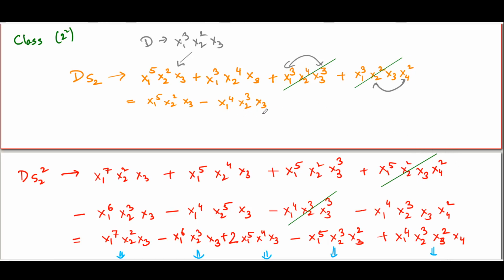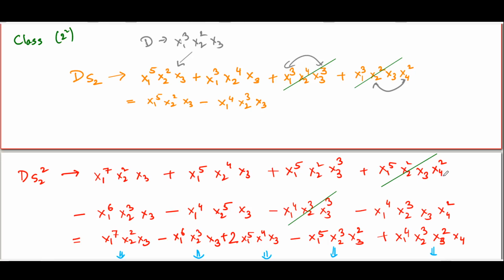What about this term? You are going to get 6, 3, 1 with a minus sign. The minus sign of course is just inherited from here. Then you will have 4, 5, 1 with a minus sign again. Then you will have 4, 3, 3 which will cancel out. And then you will have 4, 3, 1, 2.